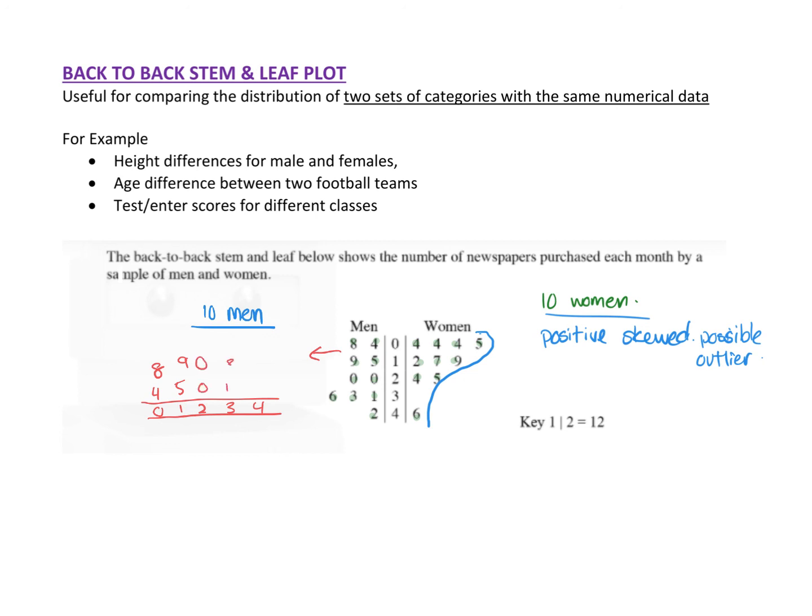So I just want you to be careful, because if you actually order it from smallest to largest, we might say this one is actually negative skewed, because it has more towards the upper end. But just be careful, because sometimes it doesn't look like that to your eye. It's got to be lowest to highest. All right.